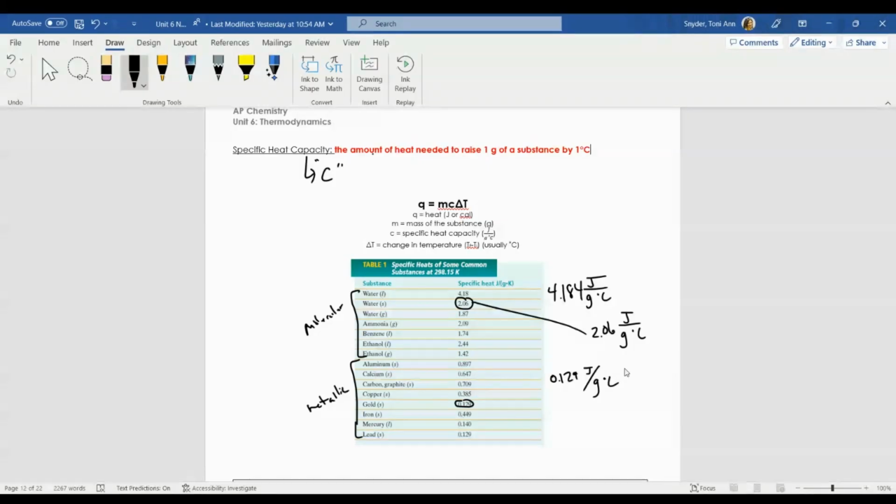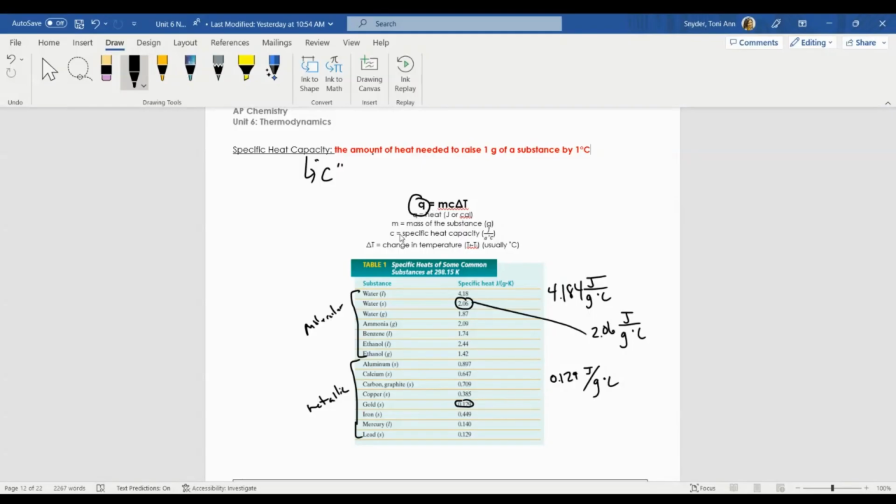Because those electrons can move so much more freely, heat can move within a metal much more readily than it can for molecular solids. This is why metals are very good conductors of heat. It has to do with that sea of electrons. And we can see here quantitatively that it requires a lot less energy to raise 1 gram of a metal by 1 degree Celsius.